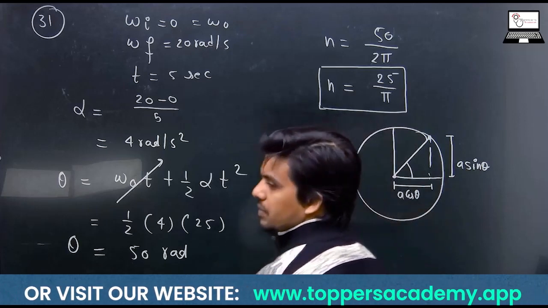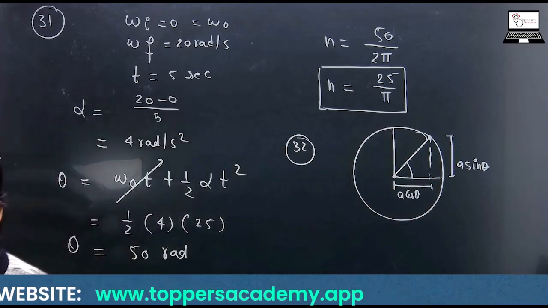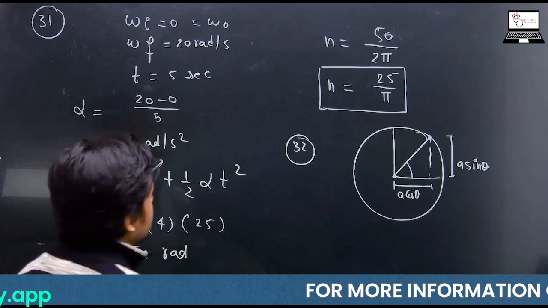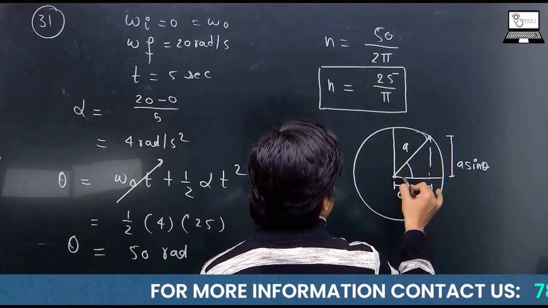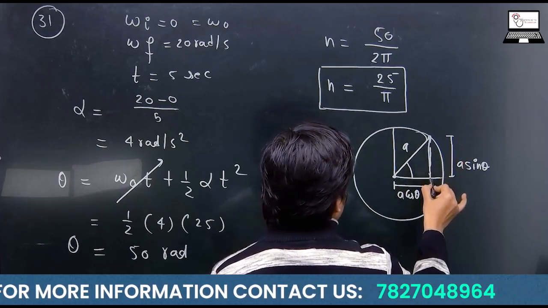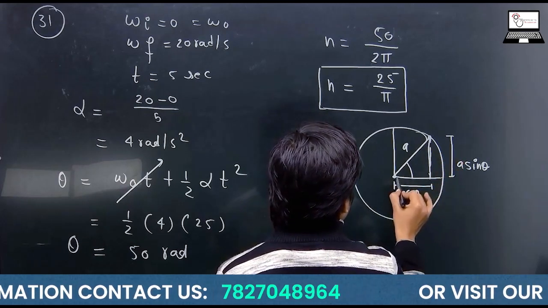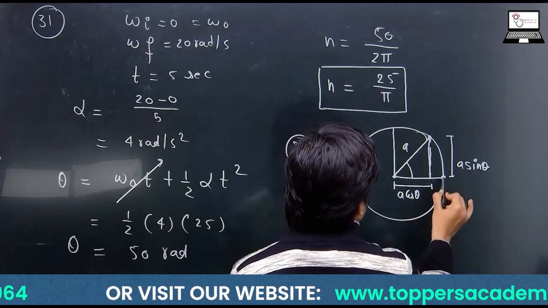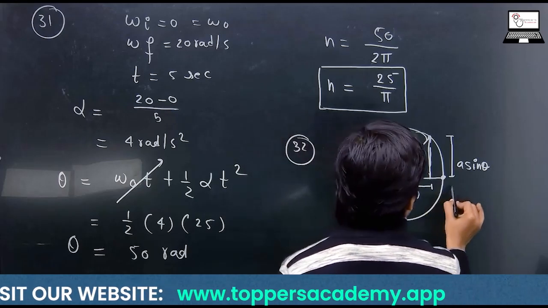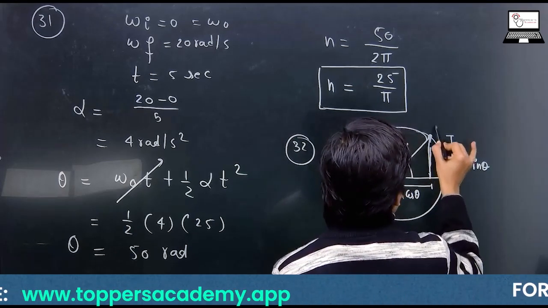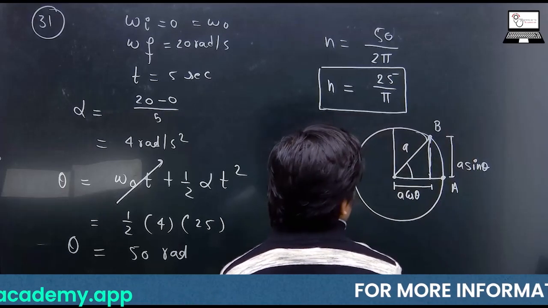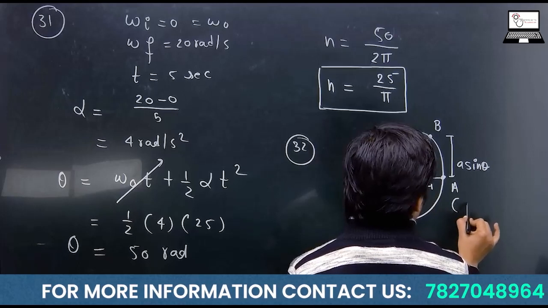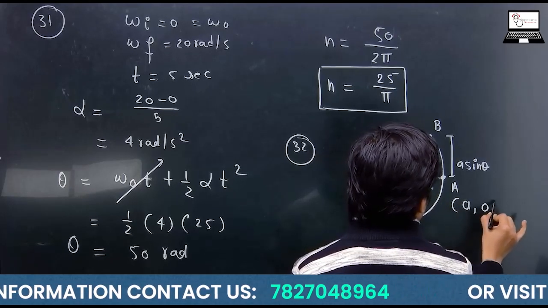Suppose the particle starts from point A and reaches point B. Initially it had coordinates (a, 0).